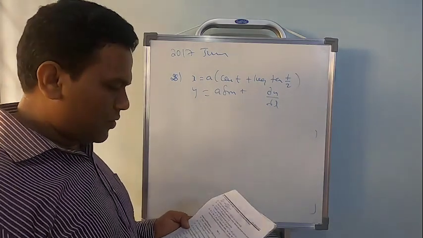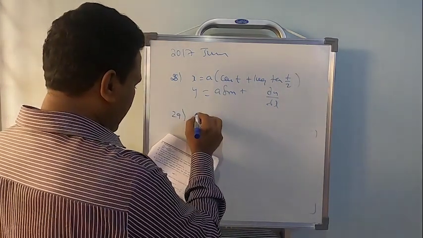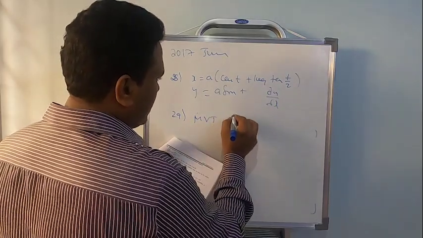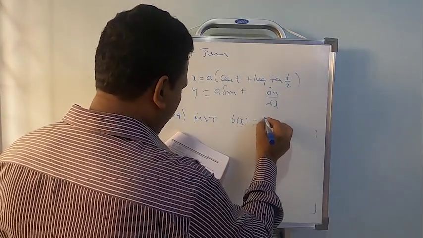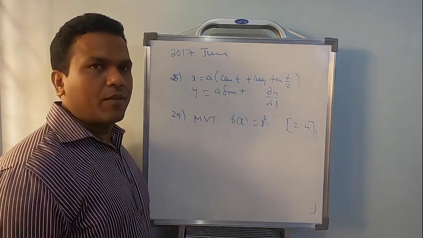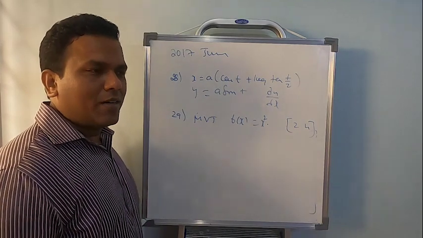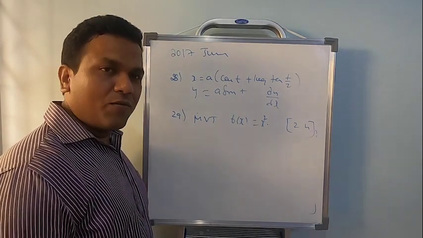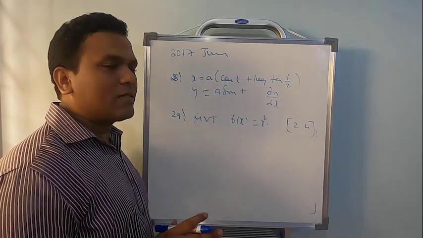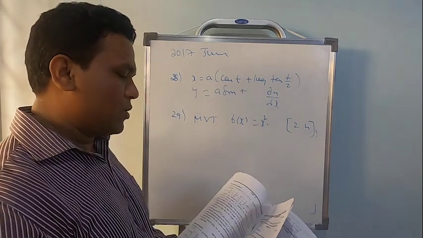I've already explained how to solve this one, so please go through. And problem number 29, you have to verify mean value theorem for f of x equal to x square in the closed interval 2, 4. Are you finding it difficult? I don't think so. That is because now my students are in a comfortable position to handle all such kind of problems. Got it? So let's go to next.